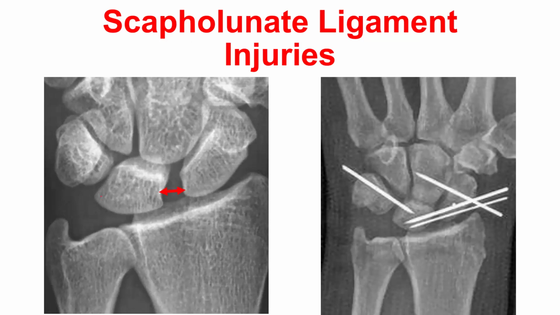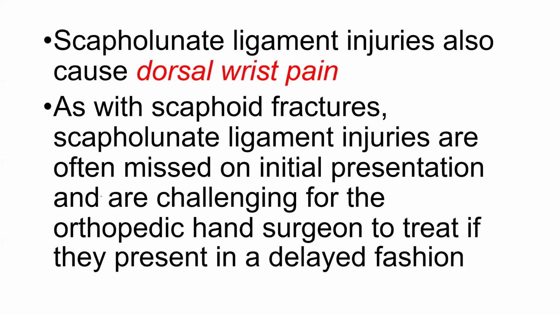If you see a gap, as is shown by these red arrows, then you should know that you have a scapholunate injury. And these are treated usually by pinning and repairing. Scapholunate ligament injuries also cause dorsal wrist pain.